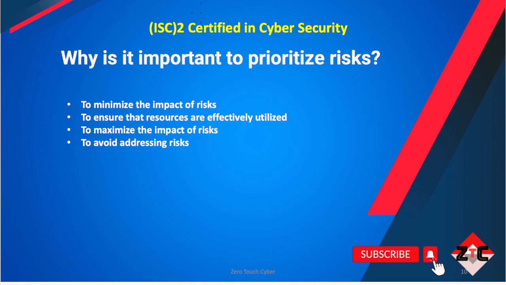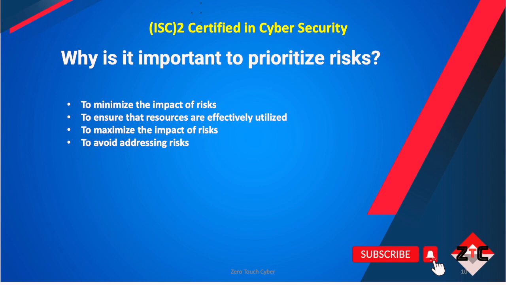Why is it important to prioritize risks? The options are to minimize the impact of risks, to ensure that resources are effectively utilized, to maximize the impact of risks, to avoid addressing risks.